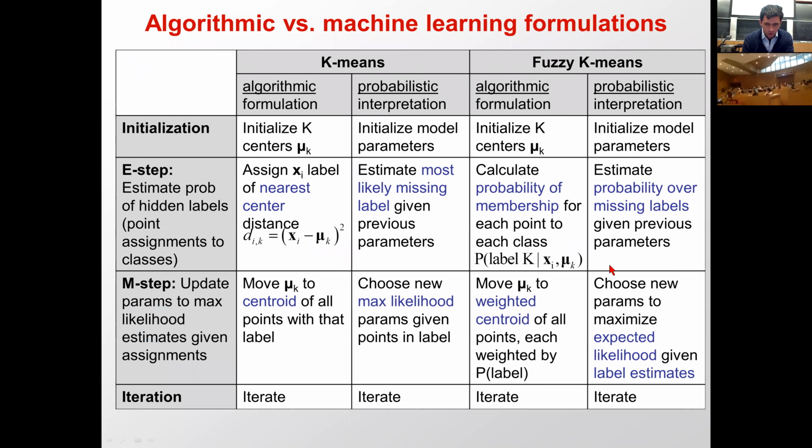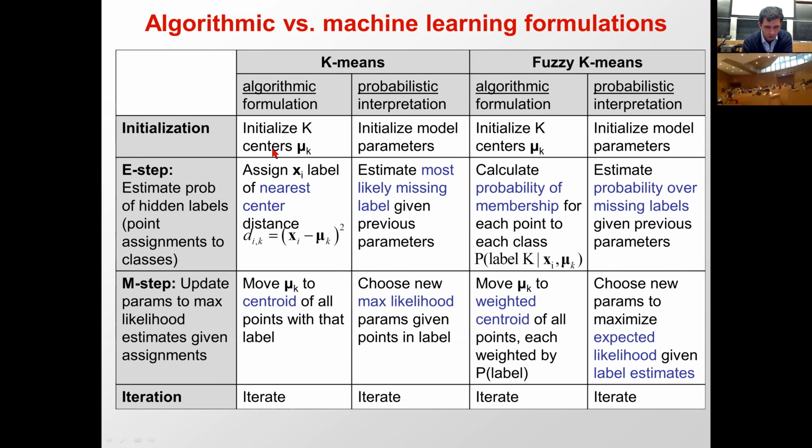All right, so here's one of those tables that you're going to see across many lectures. The goal is to step back from the lecture and look at the various formulations. We saw for K-means an algorithmic formulation and a probabilistic interpretation, and then for fuzzy K-means, again, an algorithmic formulation and a probabilistic interpretation.